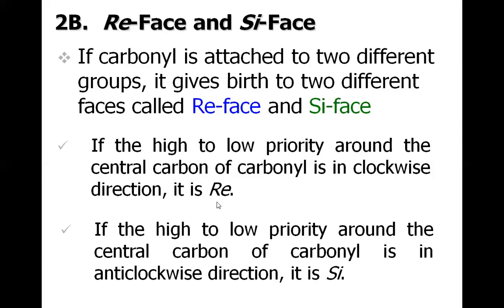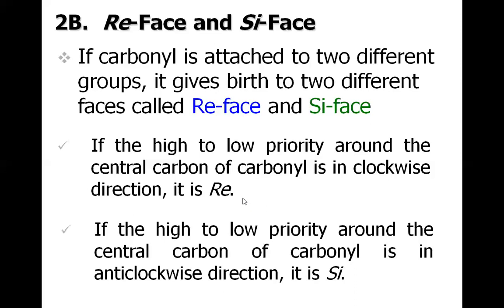If you recall, for those chiral compounds, we used to assign the priorities on the basis of high atomic number, and once we have assigned all four priorities around the central chiral carbon, as per convention we used to consider the least prioritized group behind the plane, and for the top three prioritized groups, if the direction of high to low priority is clockwise, it used to be R, and if it is anti-clockwise, it used to be the S configuration.